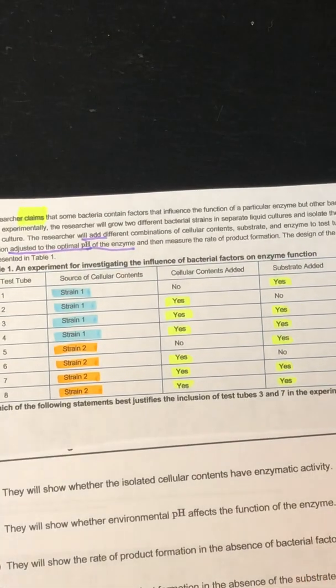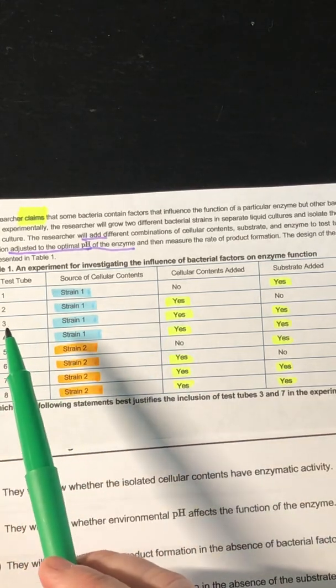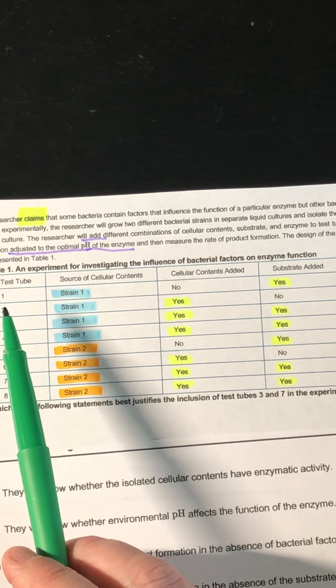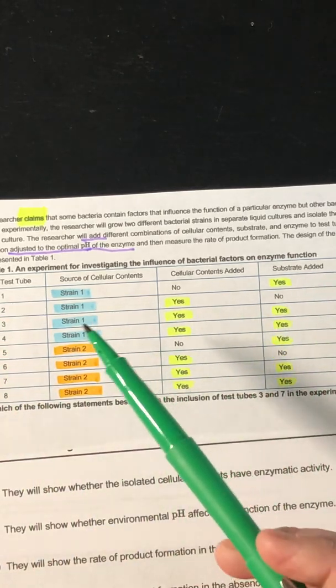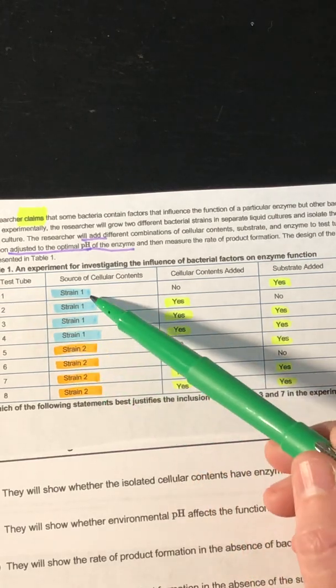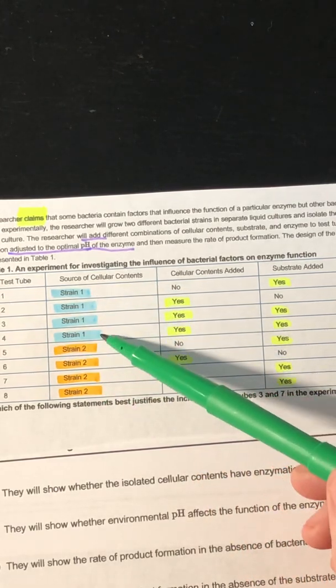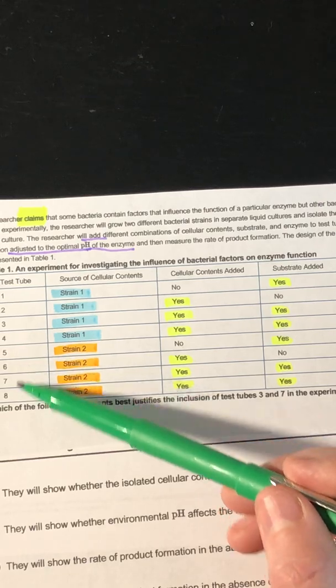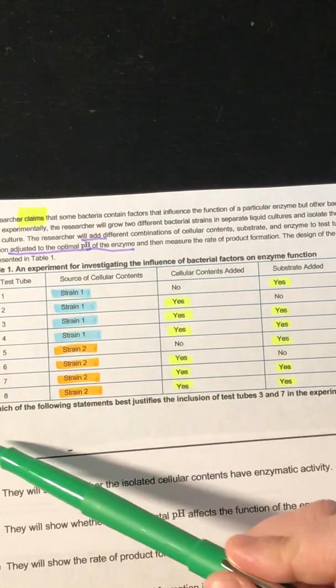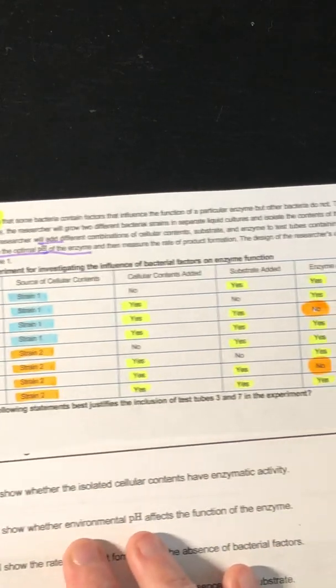This is another experiment. A researcher claims that there's some factors that influence the function of certain enzymes. He sets up this whole experiment. He has 4 petri dishes with bacteria strain 1 and 4 petri dishes with bacteria strain 2. He uses a buffer, and if you remember, a buffer keeps it at a constant pH.